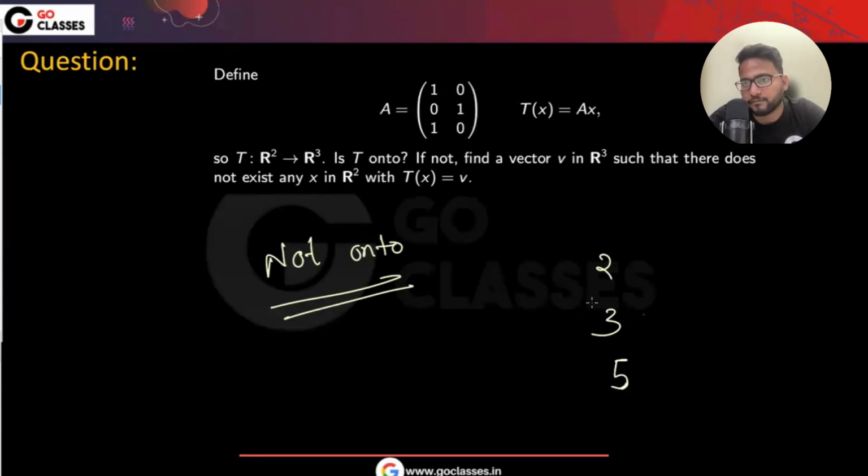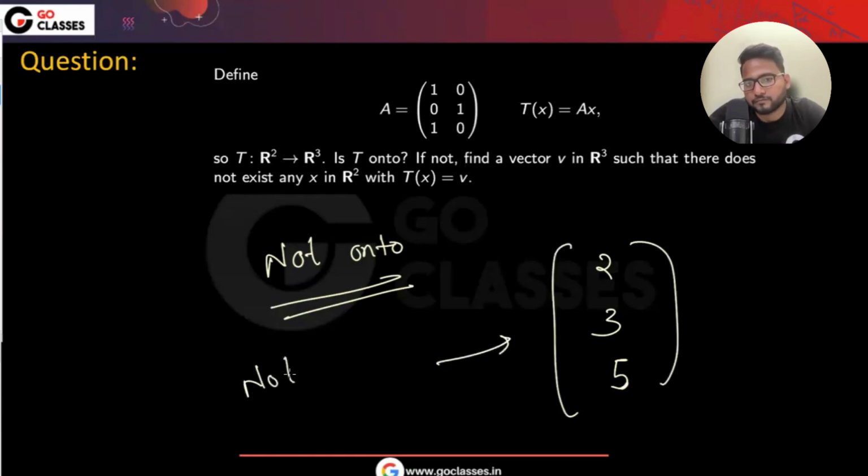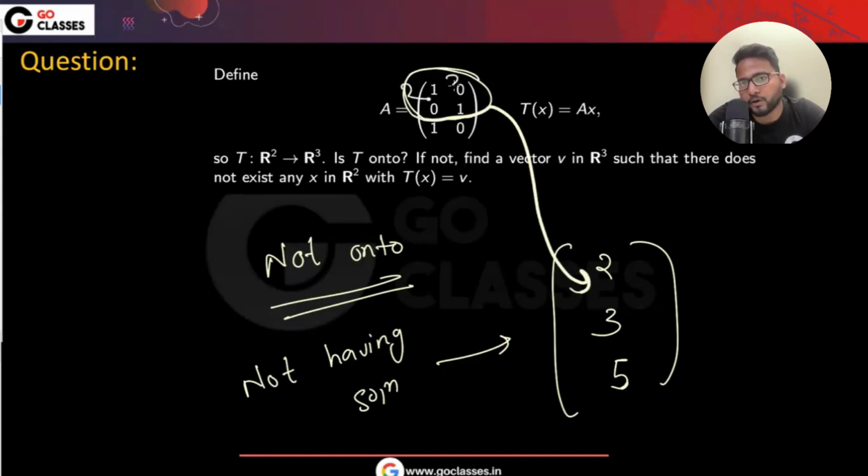So this is not having the solution. How did I find out? I just observed that this seems like the standard basis or something. So if you are writing 2 3, then you have to multiply 2 here, you have to multiply 3 here. If you do so, then it will be 2 only, but you can have something like 5 or something, right?